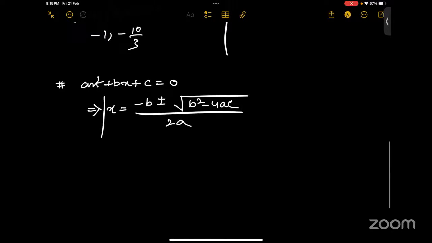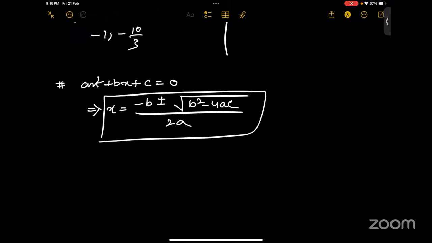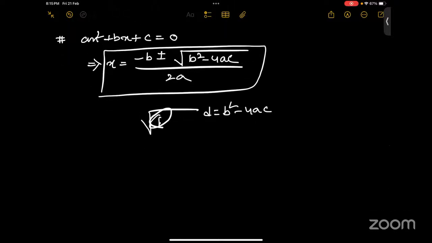This is a known formula. And this term, b square minus 4ac, is called the discriminant, and we can denote it by D, right? This discriminant can be of 3 different types: greater than 0, less than 0, or equal to 0, right?